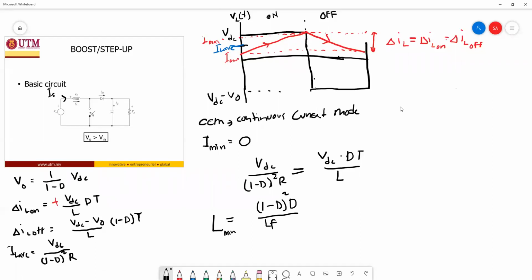Oh, sorry, this one should be 2, so this one should be 2R.